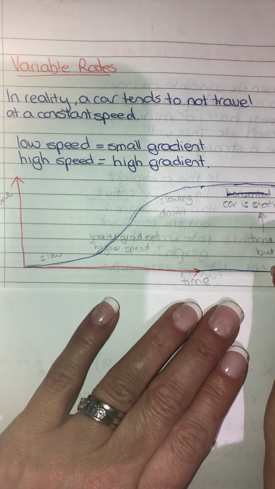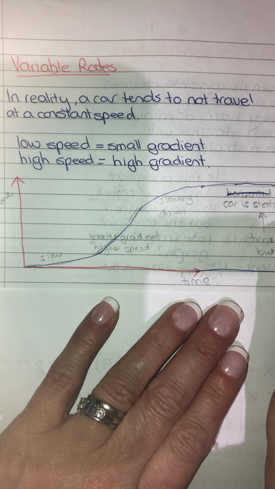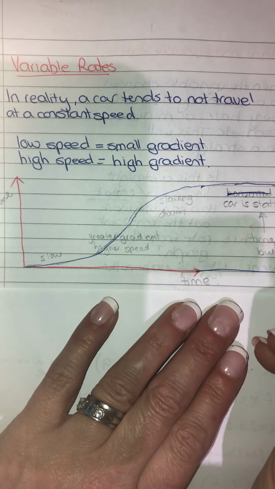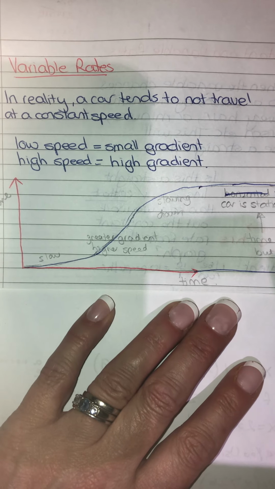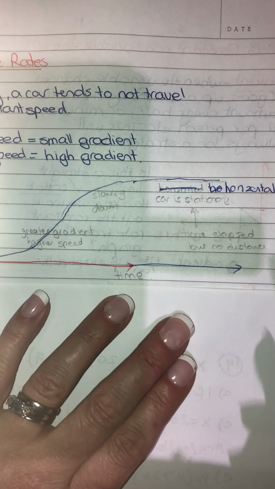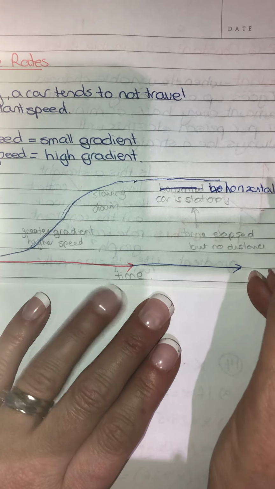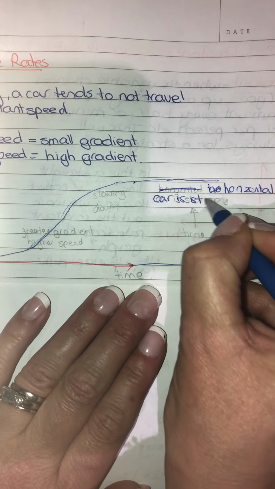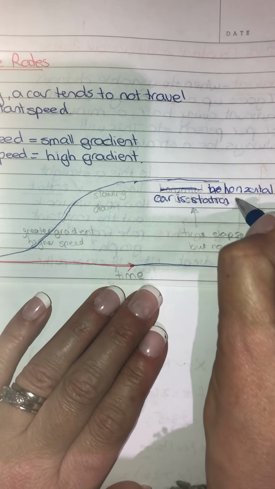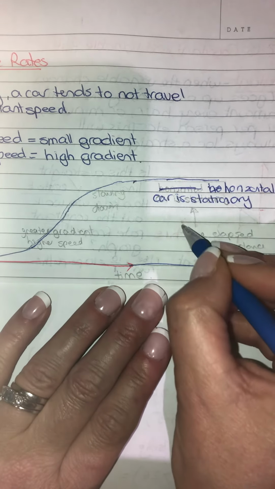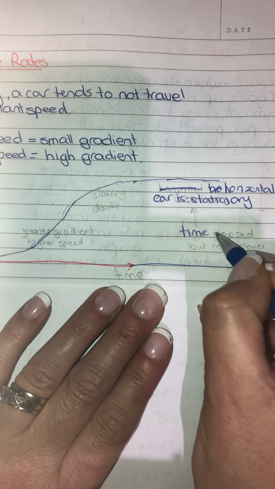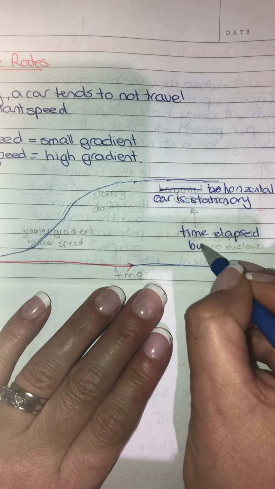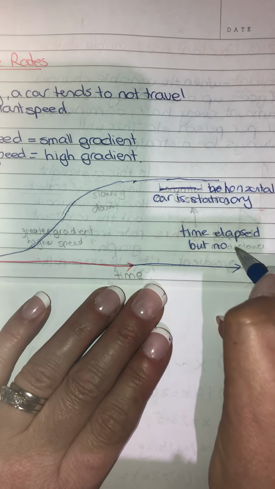Oops, I think I said horizontal is correct. I'm sorry, I've made a mistake over the page. I think I said vertical line, and I don't mean that at all, do I? I mean horizontal line. So this means, I've written here, car is stationary. Car is stationary. So time has elapsed, but no distance, which is what I was talking about over the page.